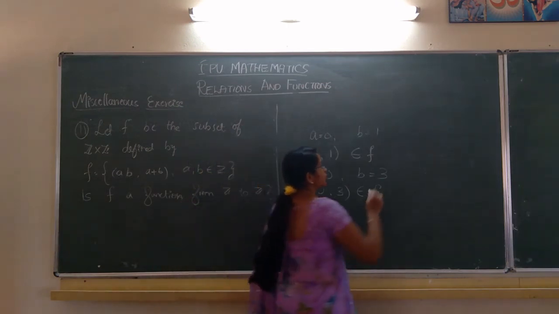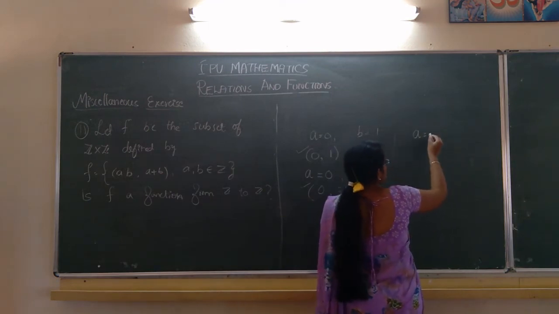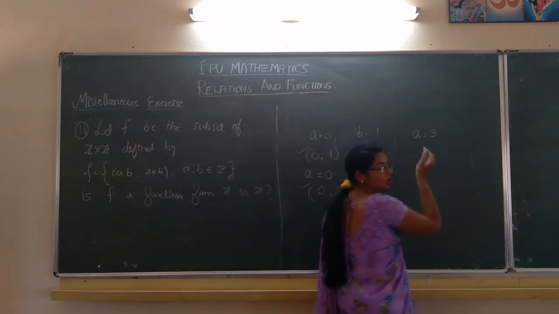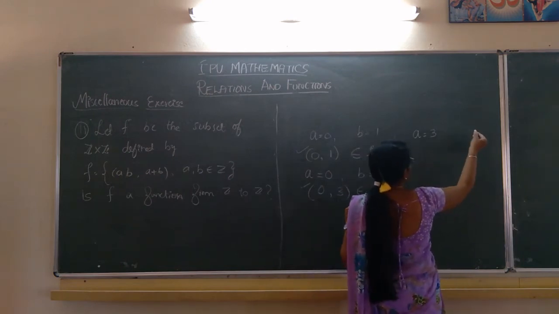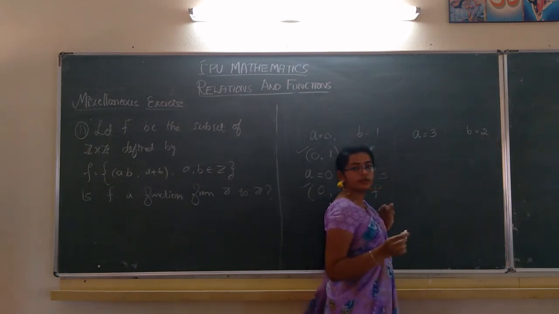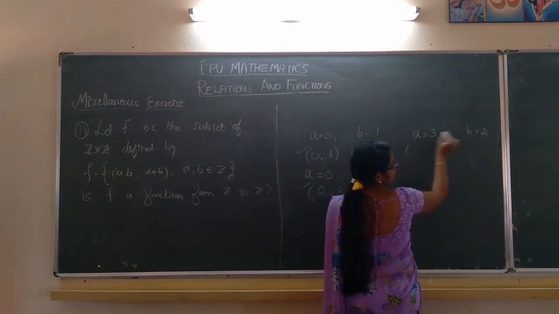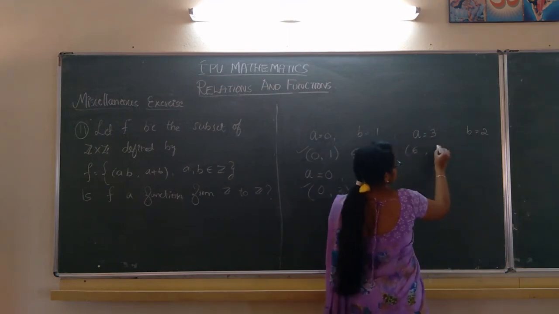I can give one more example also. If I take A equal to 3, then B equal to 2, what will I get? The first element is A into B, that is 6, and A plus B is 3 plus 2, that is 5.